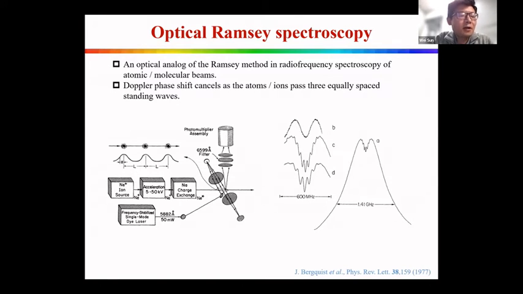Its optical analog, which was first realized in experiment by Bergquist, has also been used in laser spectroscopy for a long time. In its original form, atoms pass 3 equally spaced standing waves, and the resulting line shape would exhibit an interference fringe pattern. In this work, we took advantage of this method to measure the spectra of the lithium ions.